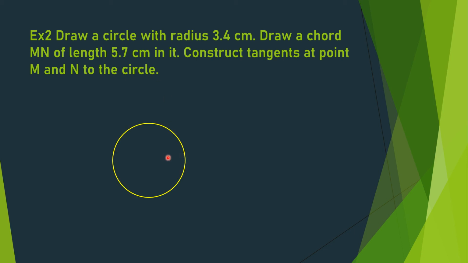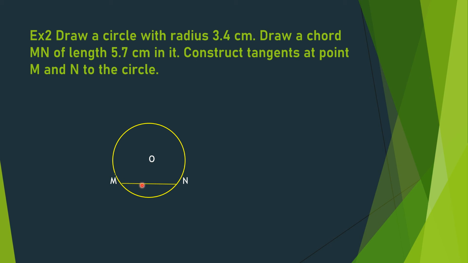Okay, so first let's draw a circle with center O having radius 3.4 centimeter. Now we have to draw a chord. So for this, first take a point M anywhere on the circumference of the circle. Now with the help of the compass, take a distance 5.7 centimeter and draw an arc from point M and denote this point by N and join these points.